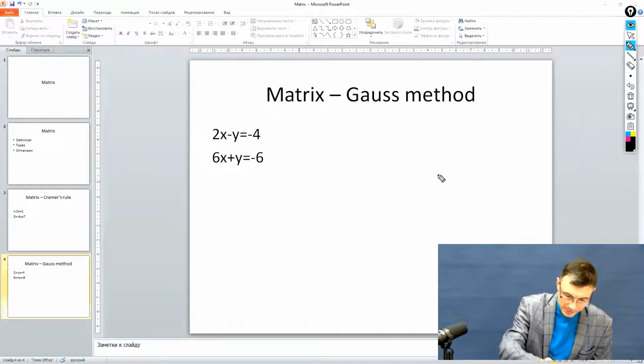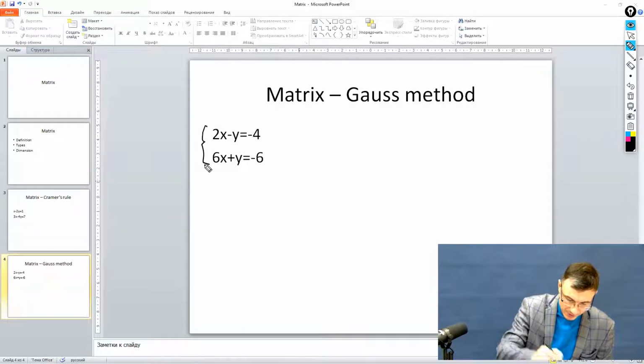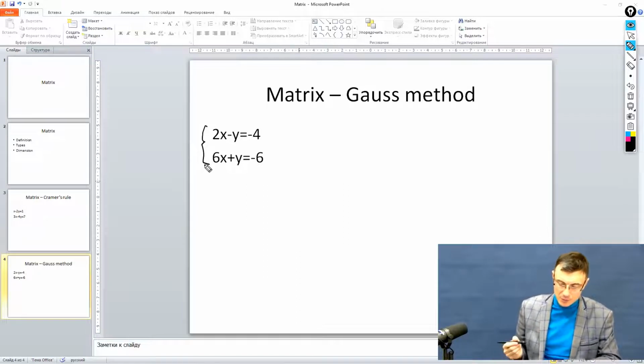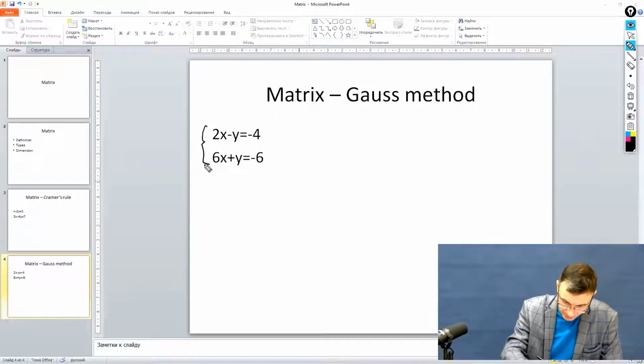We have a system of 2 equations and we put it as a matrix: 1, minus 4, and 1 and minus.